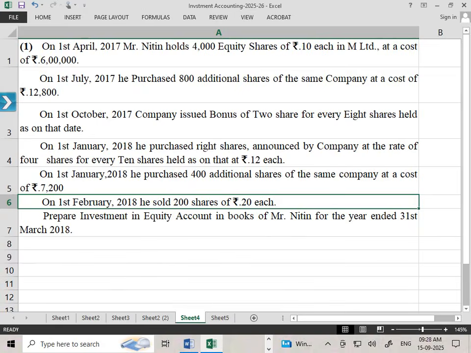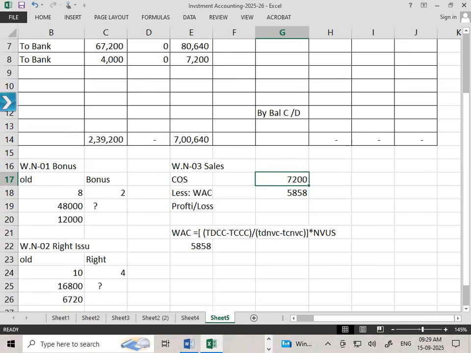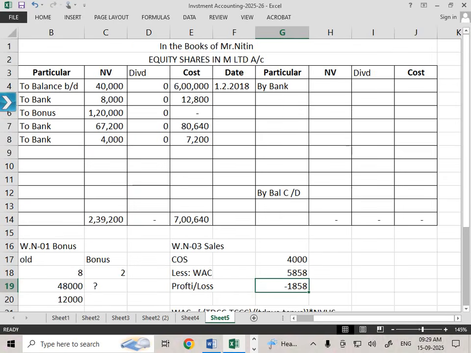So 200 multiplied by 20, 4,000. So selling price is 4,000 and cost price is 5858. So definitely it is a loss. A negative figure. How much loss is there? 1858. And that 1858 loss you have to transfer to profit and loss account debit and investment account credit side.